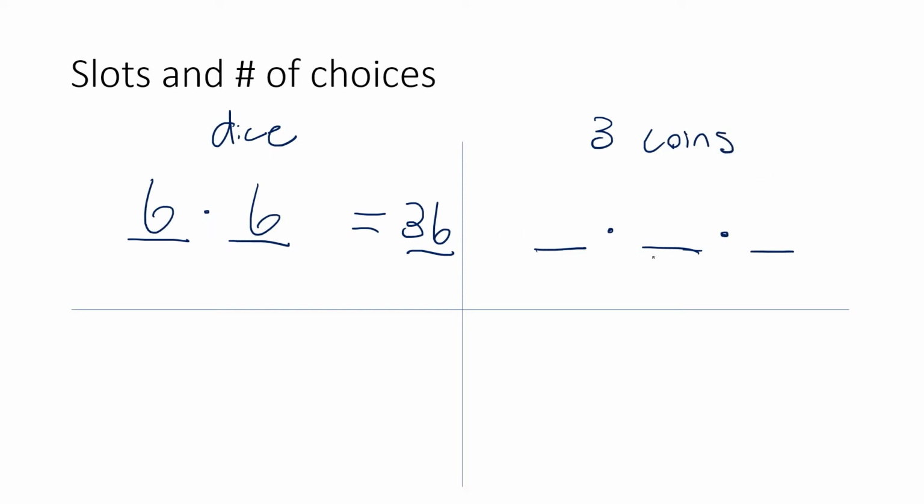And so I put down my 3 slots. And every coin only has 2 choices or options, possibilities, different words for that, that can happen. So we flip 3 coins. There are 8 ways that can resolve. If you made a list of all the different ways it could happen, it would be 8 long.